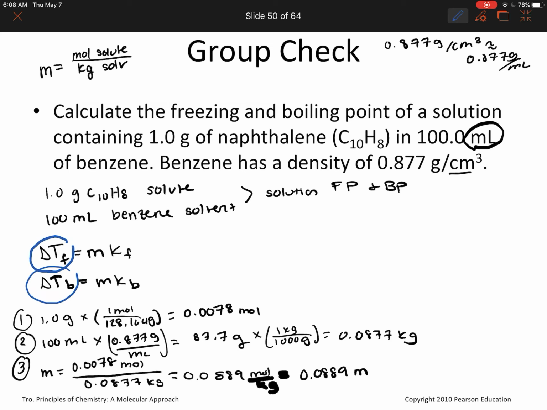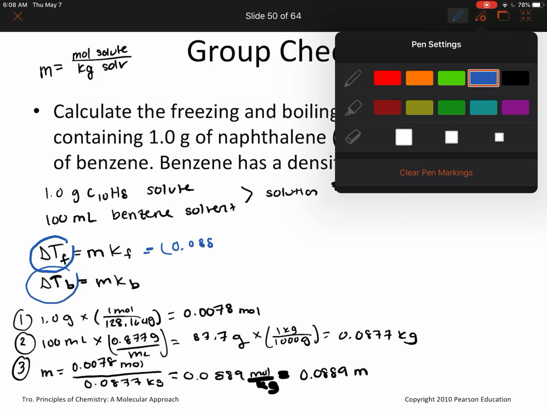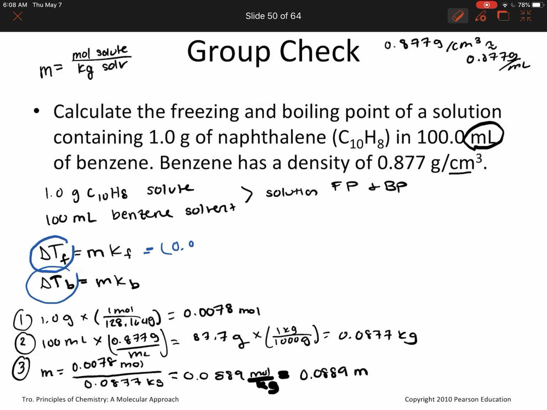Now what can I do next? I want to know the freezing point and boiling point of the solution, but first I'm going to solve for the change. So I plug in my molality, 0.0889 m, times what do I need?